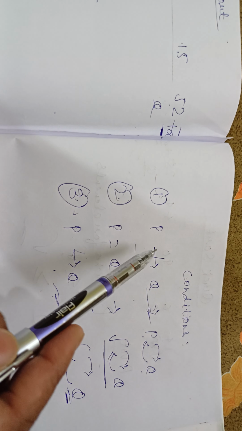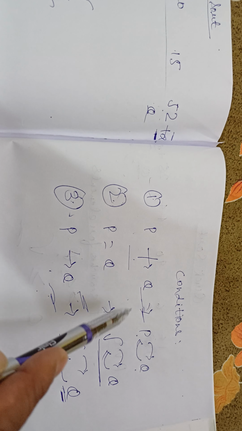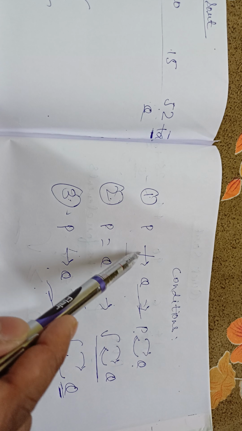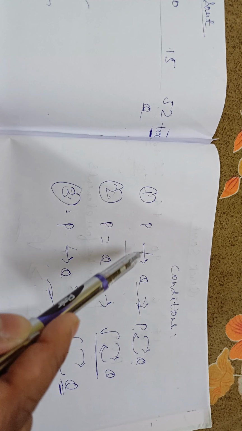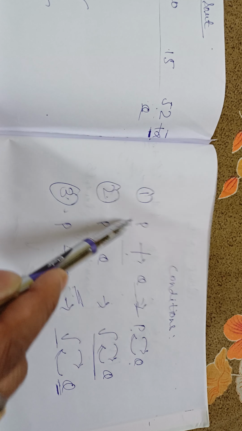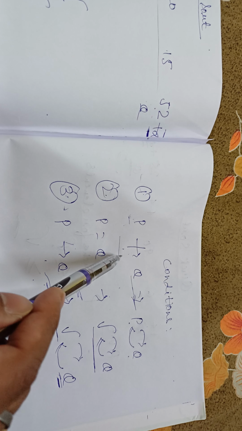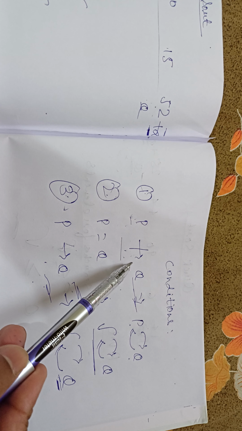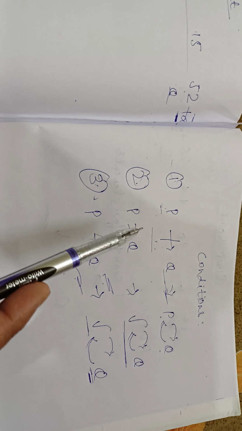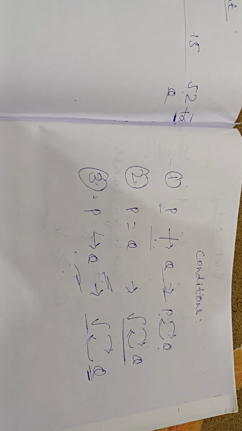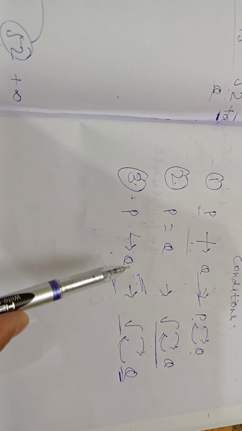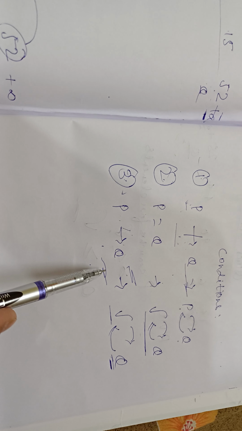Either p and q would not have crossed, so we'll consider this sign as crossing each other. In the first condition, p and q stop before crossing each other. In the second condition, p and q stop at the same element, they point to the same element. And in the third condition, they stop after crossing each other.